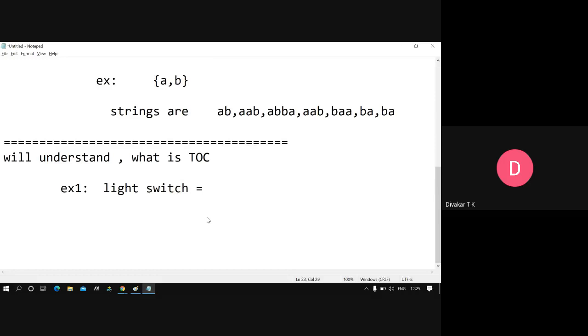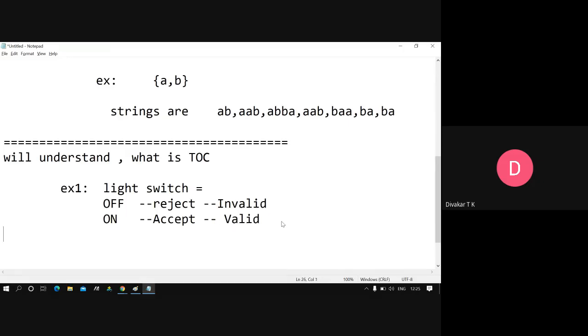Off means reject, or I can also call it invalid. On means accept, and it is valid, right? Off means reject, invalid. On means it is accepted and it is valid.